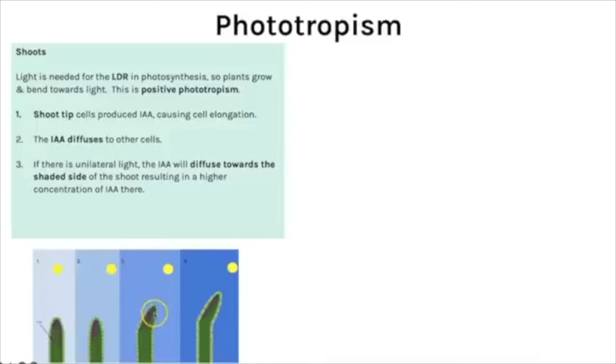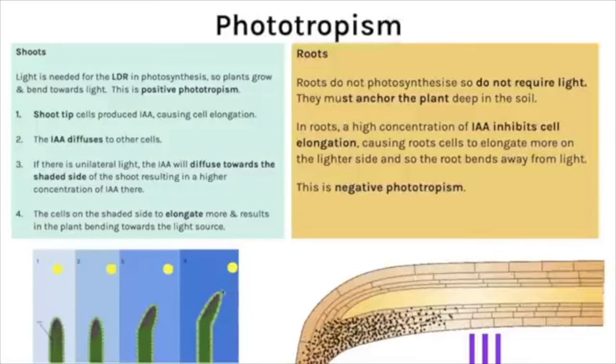And the IAA will still diffuse to the shady side, that just happens to be on the left. And that will cause the cells on that side to elongate, and therefore the shaded side cells will be stretching and that side will be longer, and that causes the plant to end up bending towards the light source.